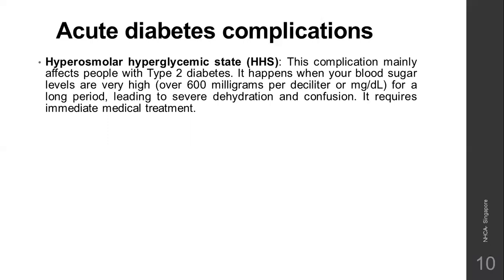So all the hydration from your body will be pulled out, just for the sake of dumping this high level of glucose out of your body. That leads to severe dehydration. That is called the hyperosmolar hyperglycemic state.